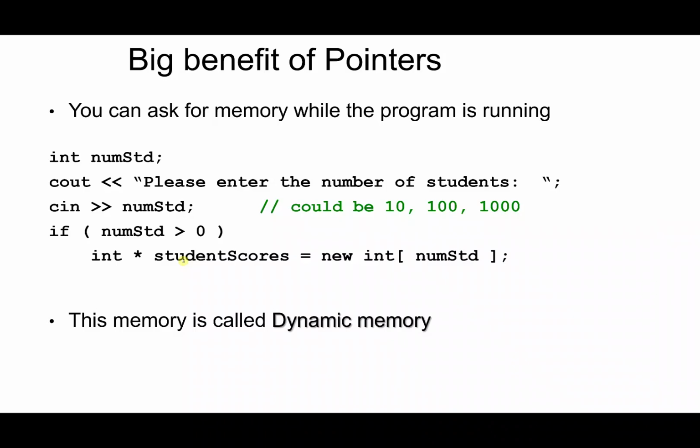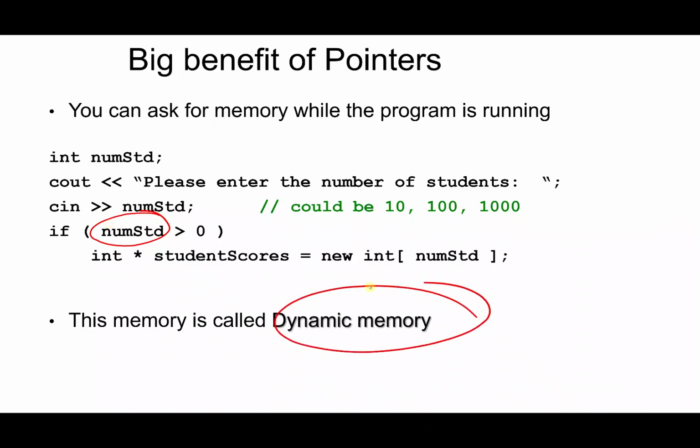Then I say, okay, if that is greater than 0, if you entered, for example, 100, 1,000, 1,300, whatever that is, then I can ask for memory at runtime. Where do I ask for this memory from?